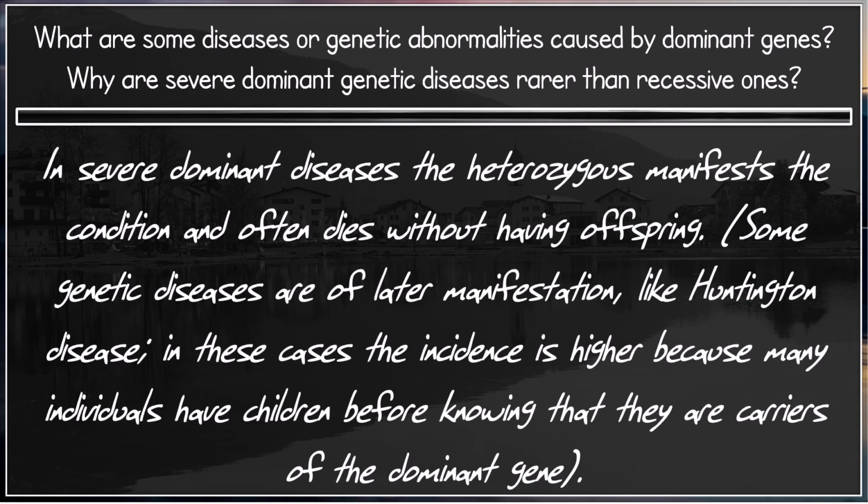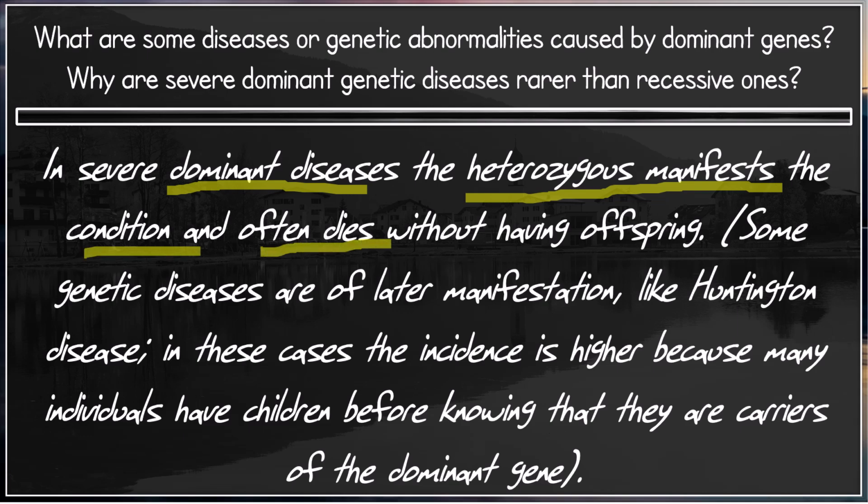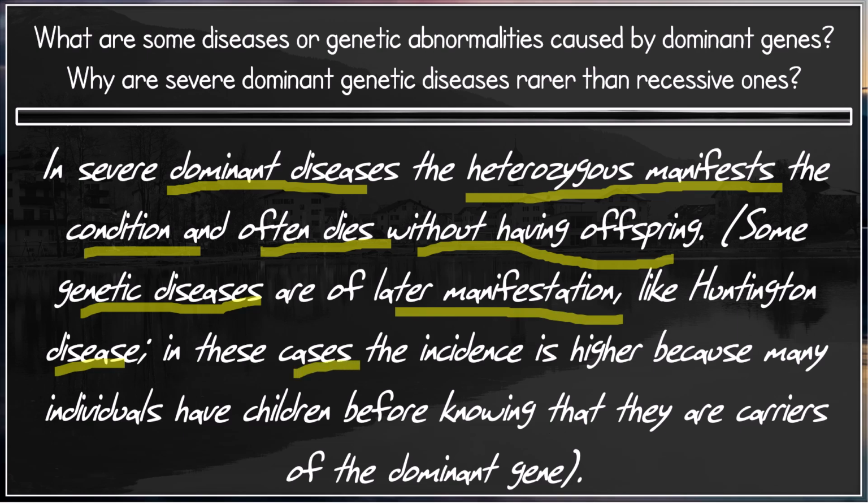In severe dominant disease, the heterozygous individual manifests the condition and often dies without having offspring. Some genetic diseases are of later manifestation, like Huntington disease. In these cases, the incidence is higher because many individuals have children before knowing that they are carriers of the dominant gene.